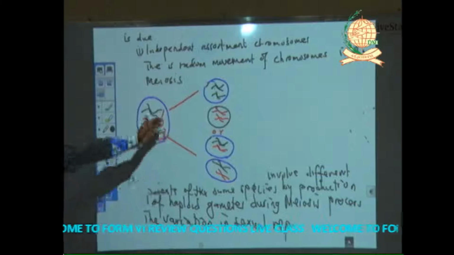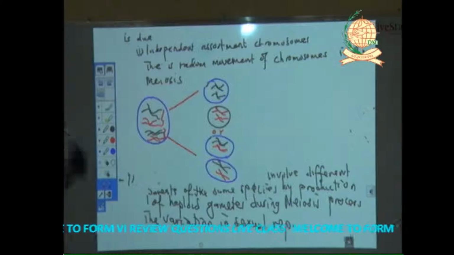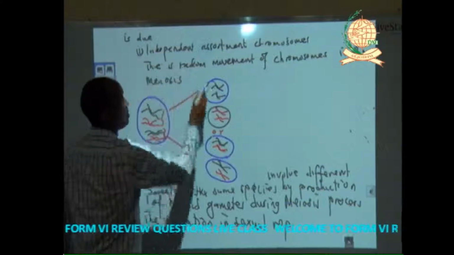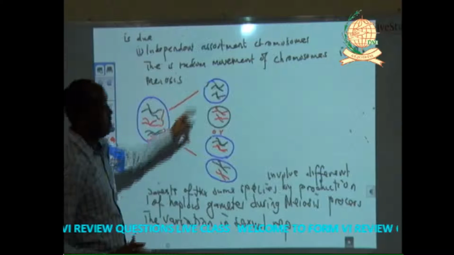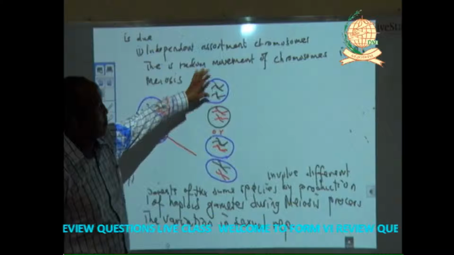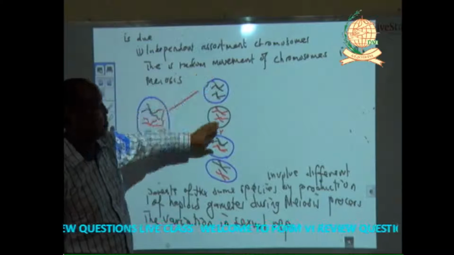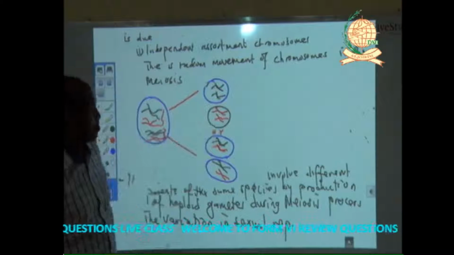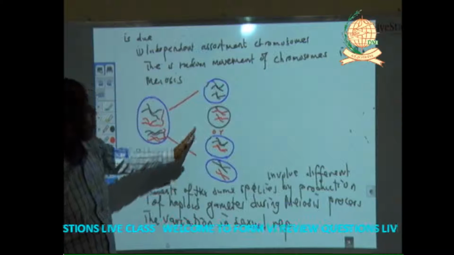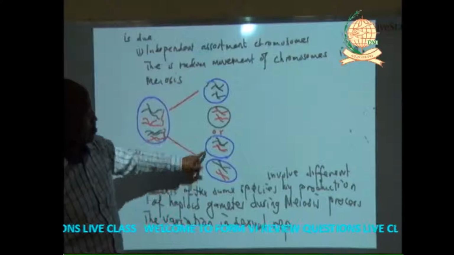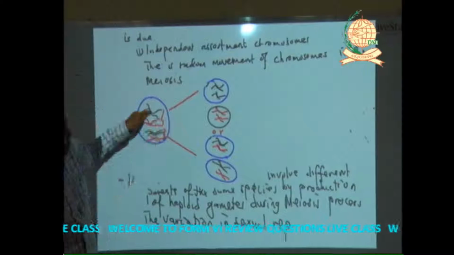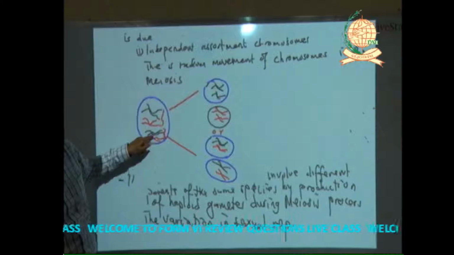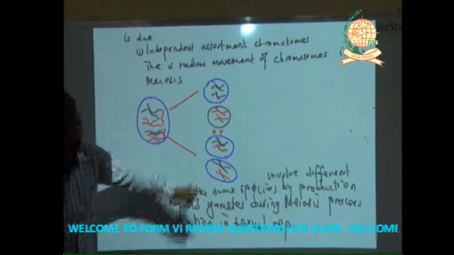As you can see here, the segregation may occur like this, with black and black in a single gamete and red and red in the other gamete. Or the independent assortment may occur like this, with a black and a red, and a black and a red.